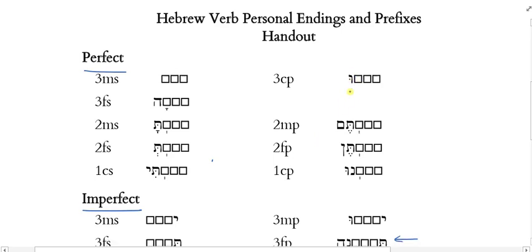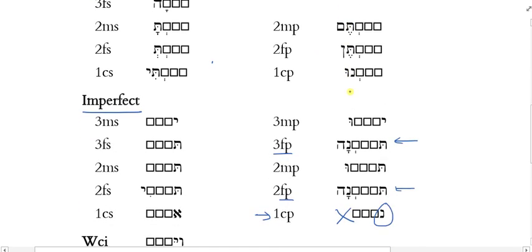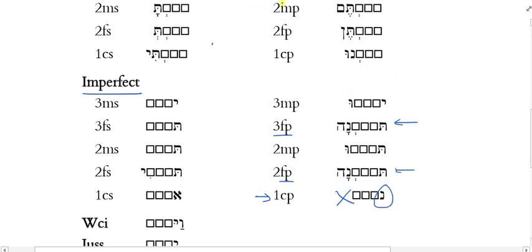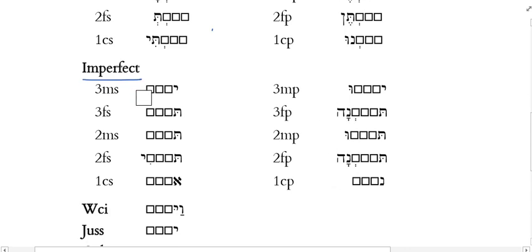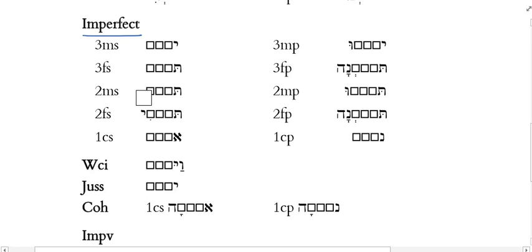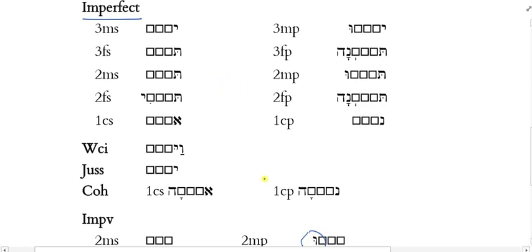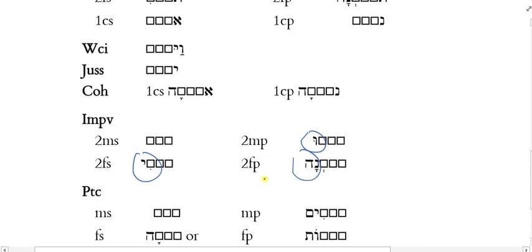Okay, in the imperfect, do I have any shuriks at the end of those? 3MP and 2MP. Okay, so you see those? All right. And then the WCIs and jussives would be the same person and numbers here, right? The 3MP and 2MP, they're the same. Cohortatives don't have any shuriks. Do the imperatives have any shuriks?